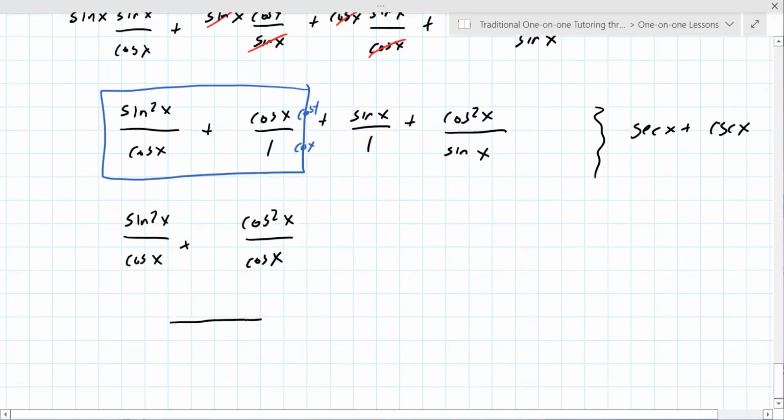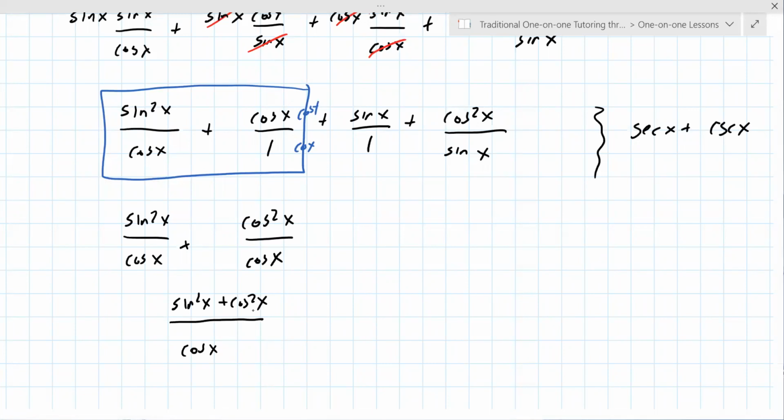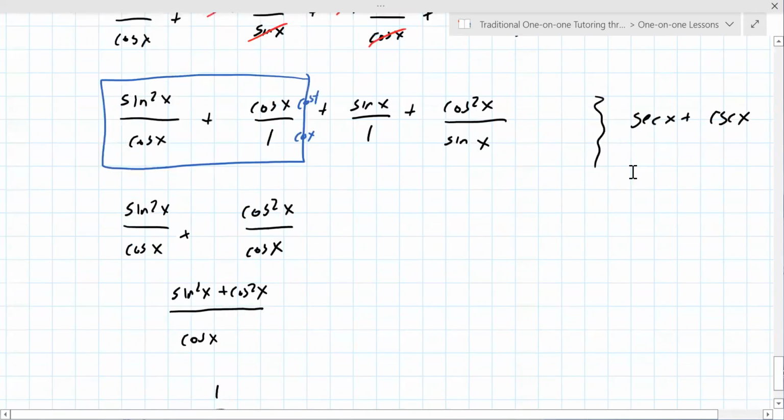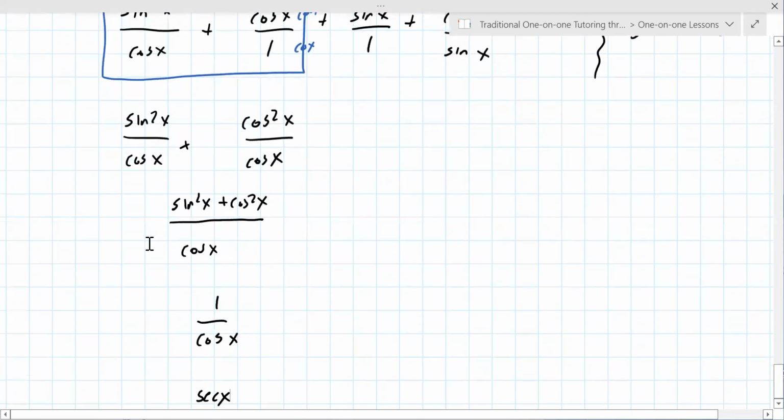When the bottoms are the same, the top becomes sine squared x plus cosine squared x, and that becomes 1 in the numerator. That's the Pythagorean identity. But you have to look ahead. 1 over cosine x is secant x. And you realize, that's what I wanted.